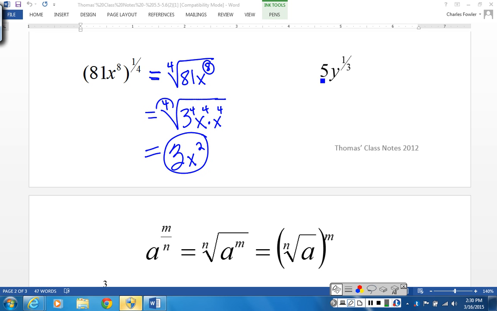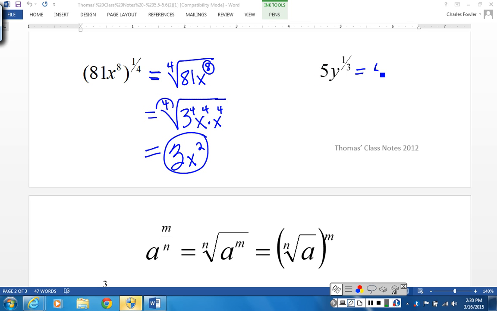In this problem, 5y to the 1/3 is similar to that negative problem that was in the front. That 1/3 goes with the y, not the 5. A lot of people make the mistake of thinking that the 5 and y are stuck together, but they're not.